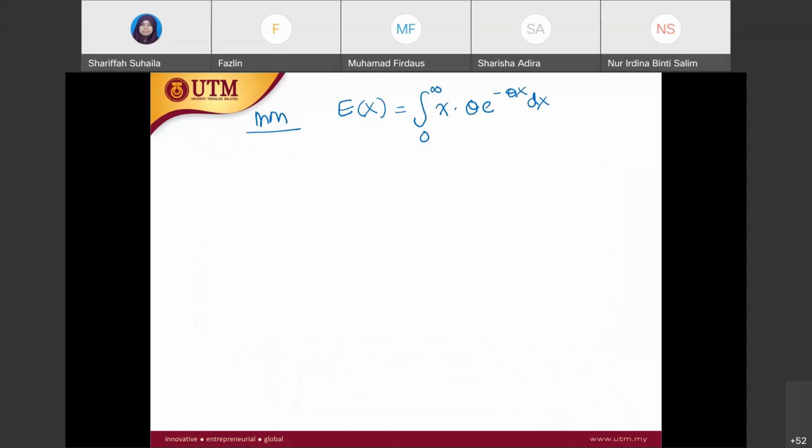To solve this one, use a little bit of integration by parts. Use the integration by parts method. Okay, try first, you solve it. Use integration by parts because we factor theta outside. Okay, you solve the integral of x exponential negative theta x dx from 0 to infinity. Okay, use your integration by parts.